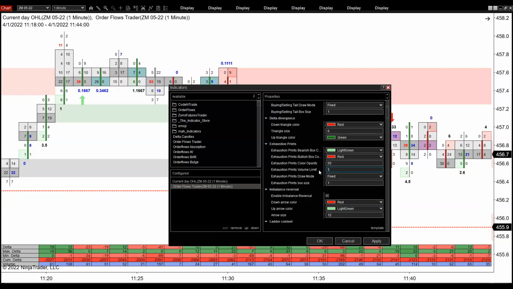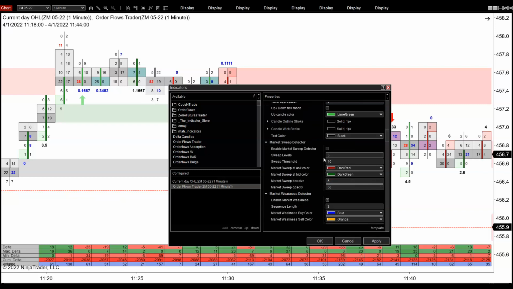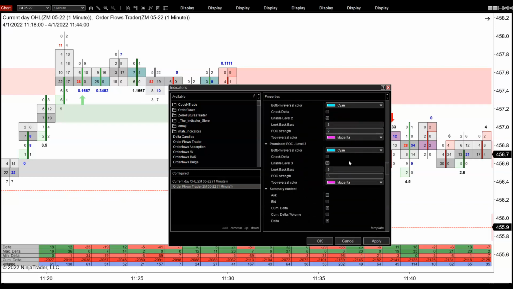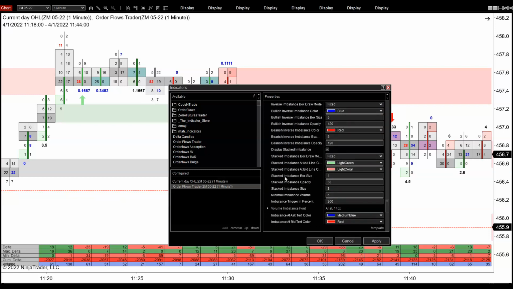I use a smaller exhaustion print, 3. I don't use the market sweep detector. I think I got 0 prints turned off. Yeah, 0 prints turned off. And this is volume imbalance. One of the things I've been playing around with lately is using a higher imbalance level.